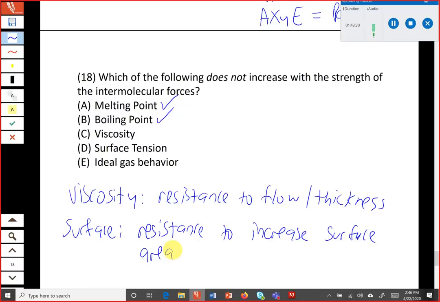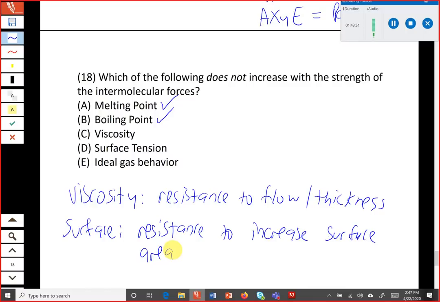Surface tension is why you can, at least briefly, if you're careful, float a paper clip on top of water, because the surface tension of the water holds the paper clip up, even though in the bulk the density of the water is less than the density of the paper clip.